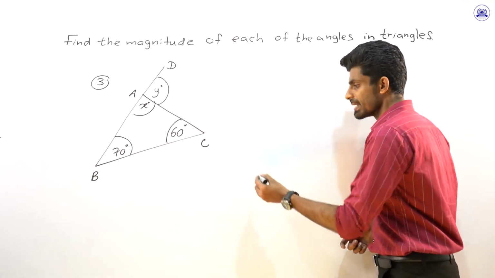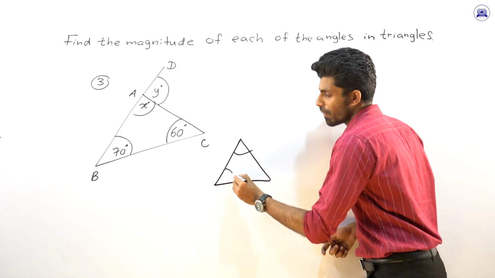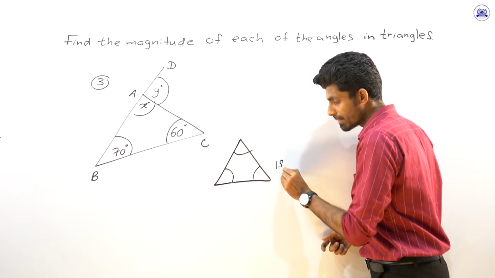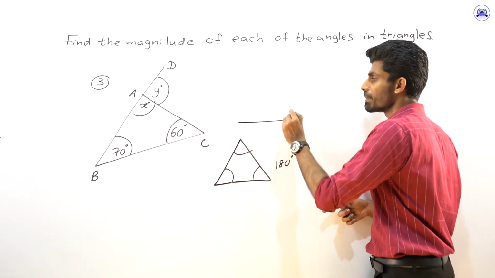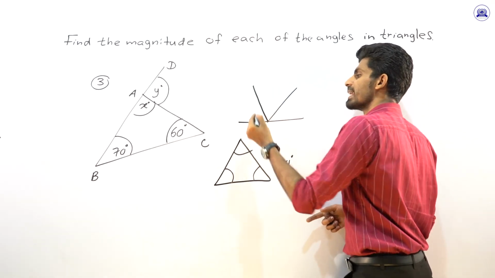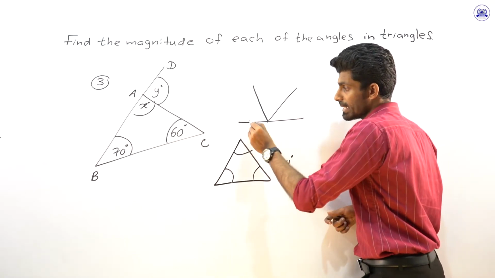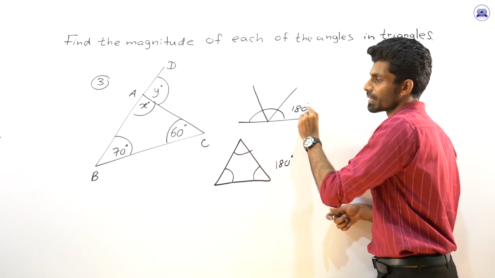In grade 8 we learn that all three angles in a triangle equal 180, but in the previous grades you learned that angles on a straight line also sum to 180.